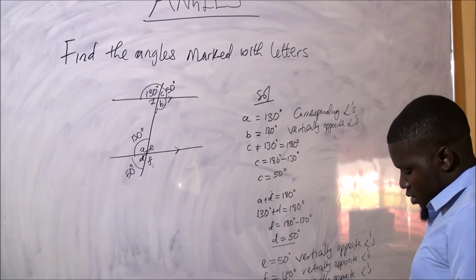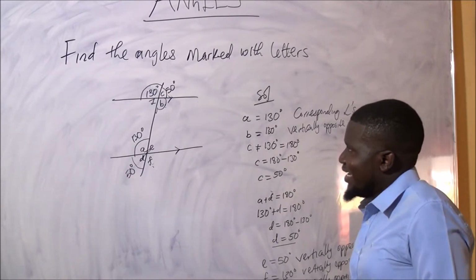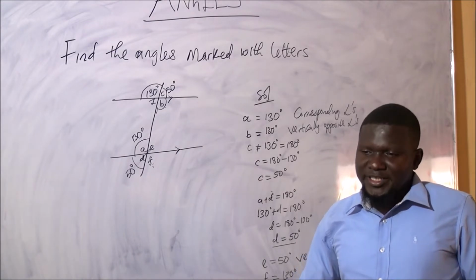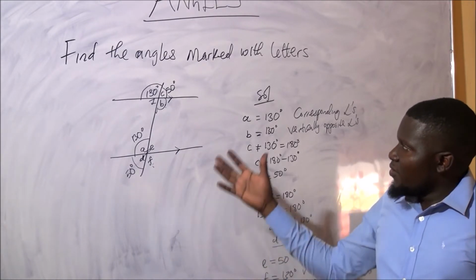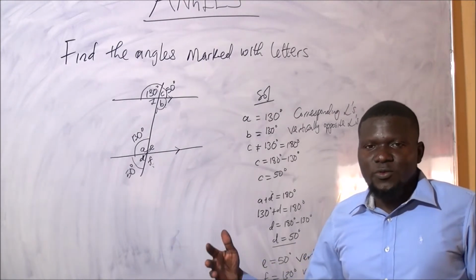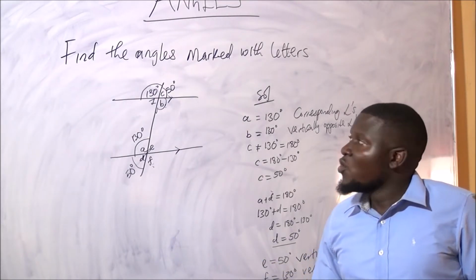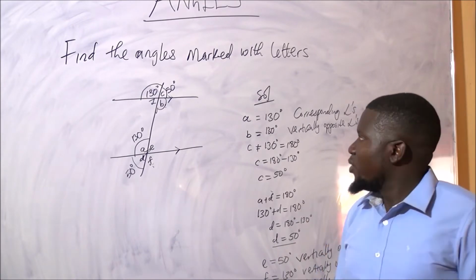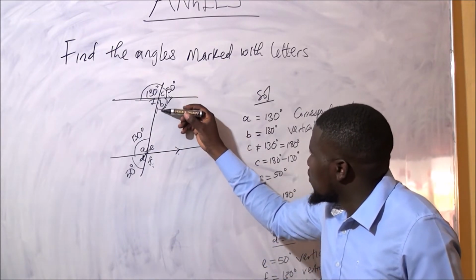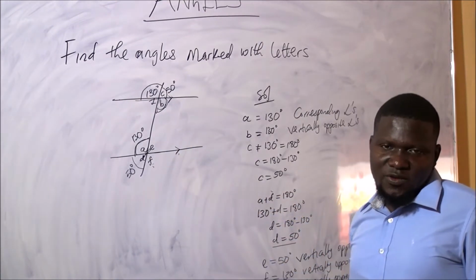We can bring in also the idea of the alternate angles, where a transversal line cuts two parallel lines, where we form an alternate angle which makes a Z shape. This Z shape here, meaning that this angle and this angle must be equal to each other.